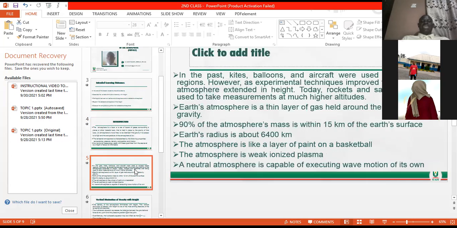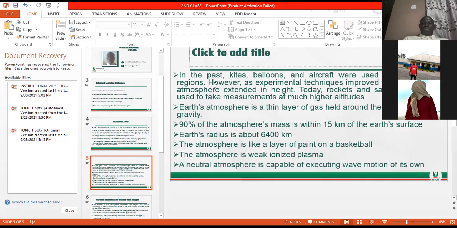In the past, kites, balloons, and aircraft were used to assess the atmosphere, but these days we make use of rockets and satellites, and we can get images in real time. What do we mean by real time? It means that we can get it at this instant.